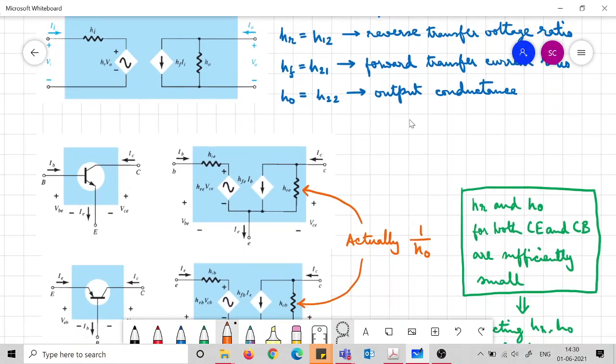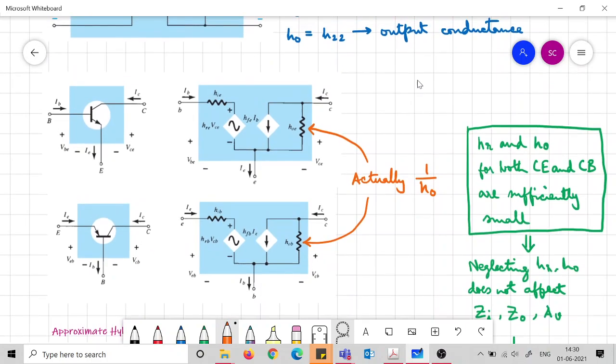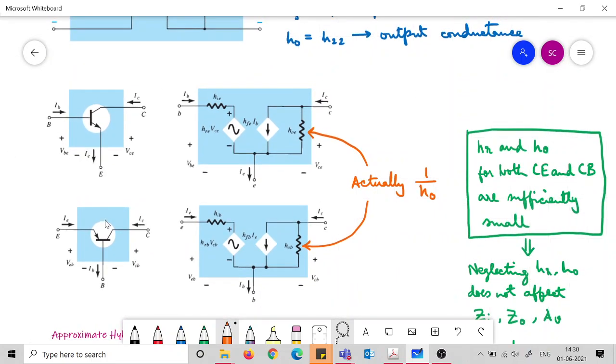So now the most common configurations that we have seen in the BJT are the common emitter and the common base. Whether it be common emitter or common base, it does not matter. Both are two-port systems, so the same circuit is there. What is the only difference?